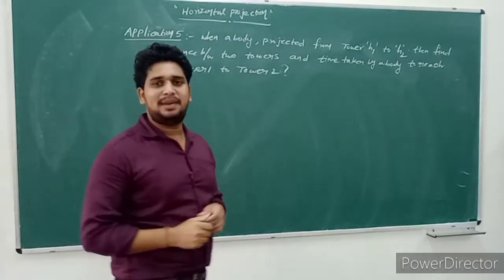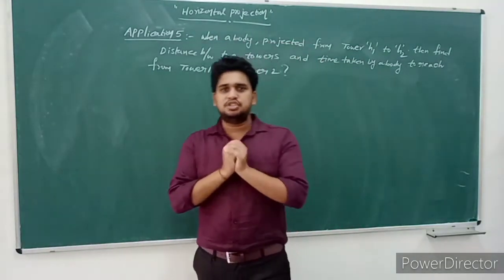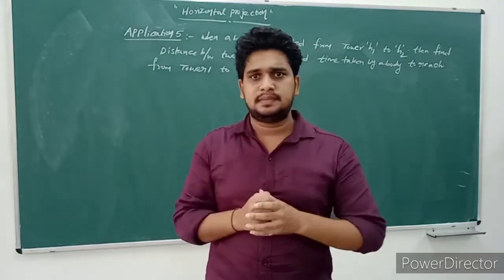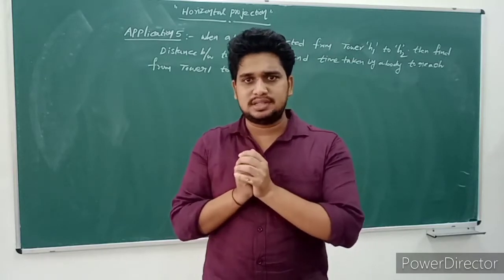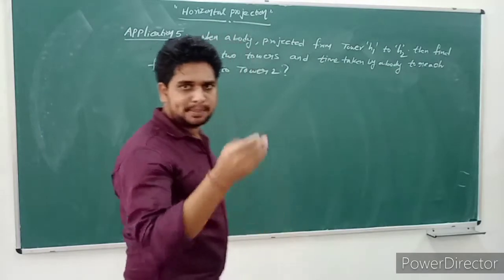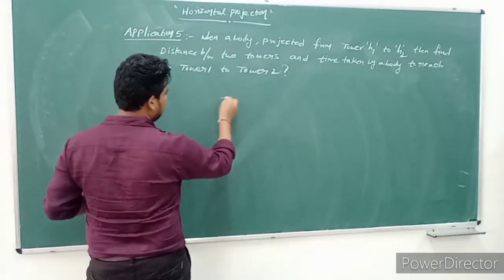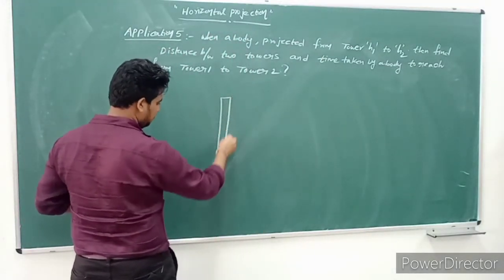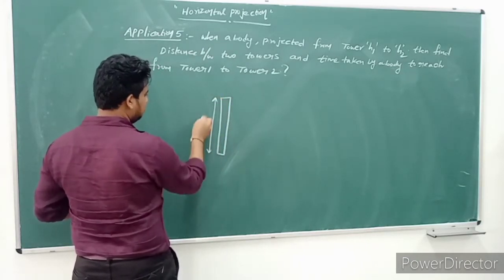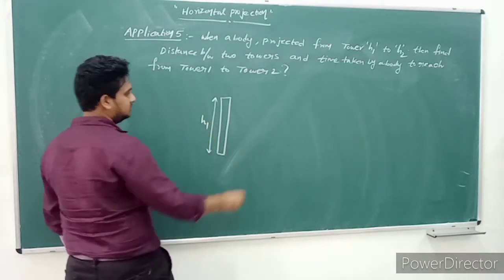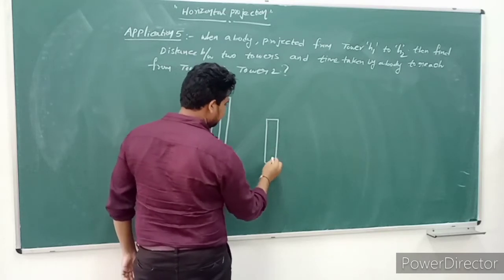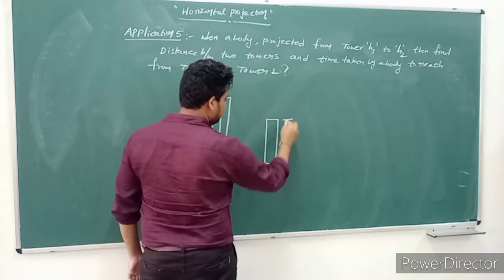This is an application. First of all, observe what is given here. When one person projects a body horizontally from tower 1 to tower 2, I represent it in diagram form. So this is tower 1. Tower 1 has height, I consider H1. So this is tower 2.